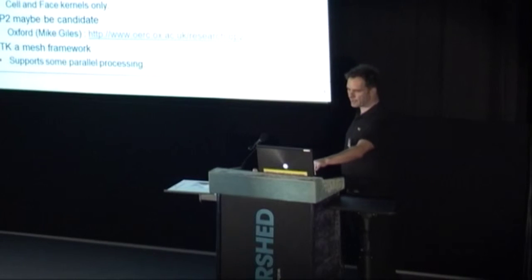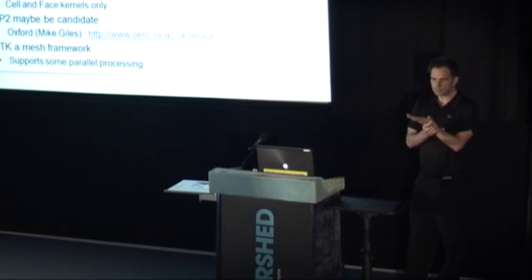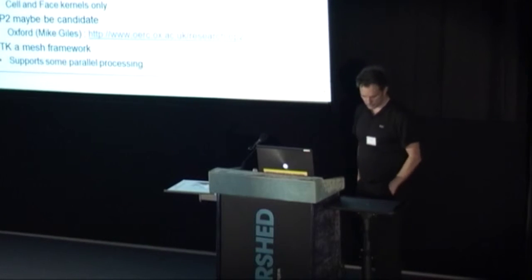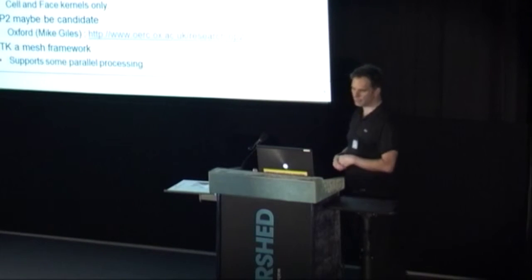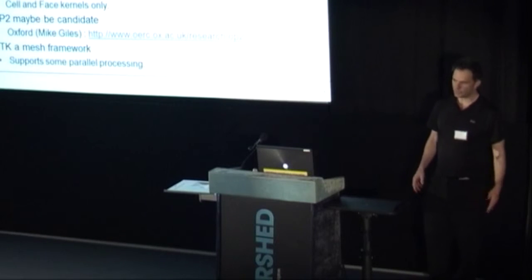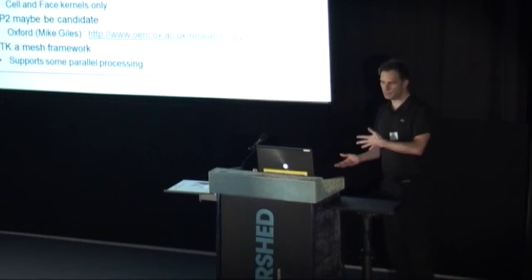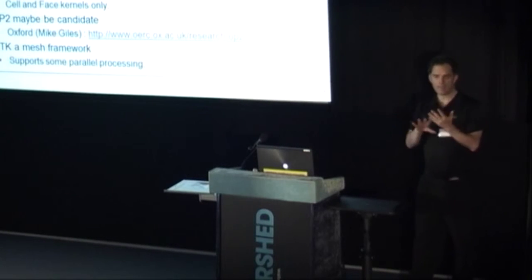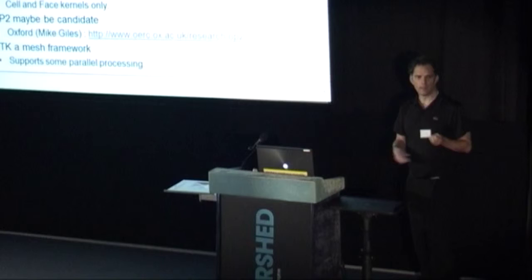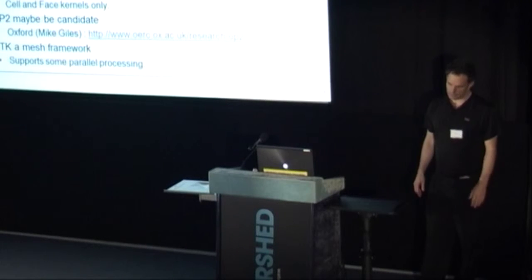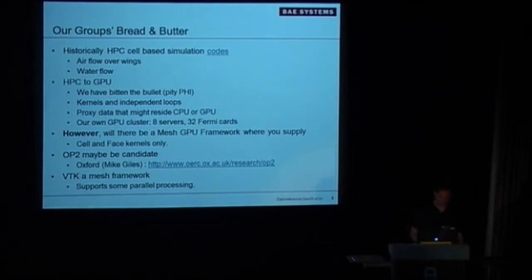And then we've used some C++ template metaprogramming to allow us to have proxy data, so that if we compile it for a CPU, the data resides on the CPU, but if we do it for the GPU, the data actually resides there and is converted from structure of arrays to arrays of structures, all that sort of stuff, via the wrapping classes and template metaprogramming.